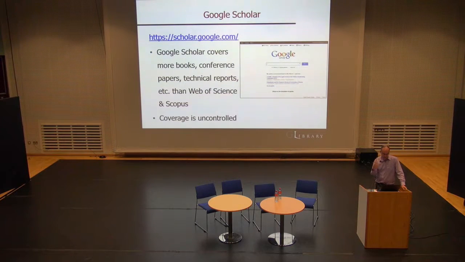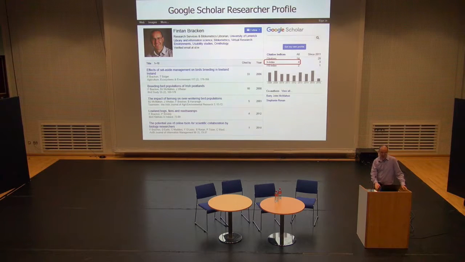Google Scholar, as I said, covers more books, technical reports, and other things. Conference papers are indexed too. To find the H-index in this, you can create a Google Scholar researcher profile, and you can see and calculate your H-index.